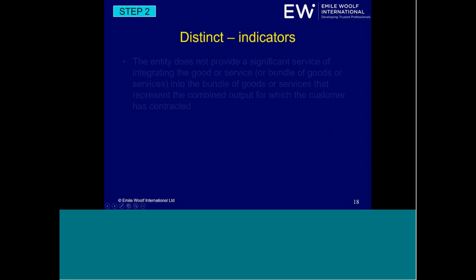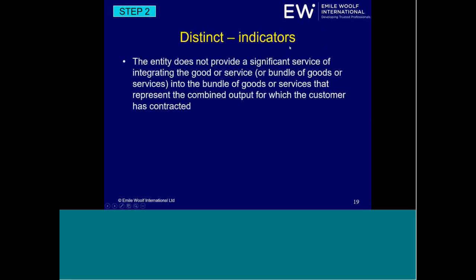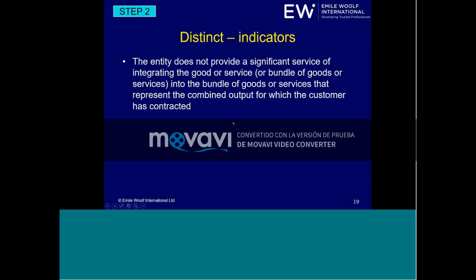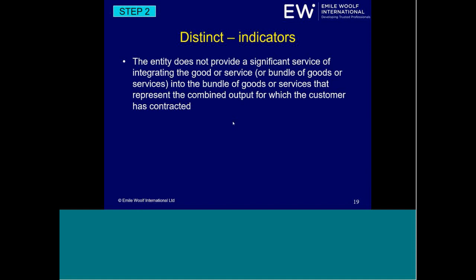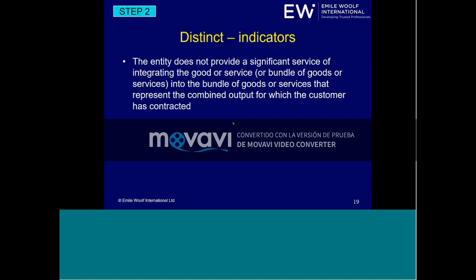Indicators. The entity does not provide any significant service of integrating it into goods or services that represent the combined output. So, for example, selling a tire to a customer who is probably a fully equipped garage of his own is probably not going to be very helpful without also selling him fitting that tire to his car.